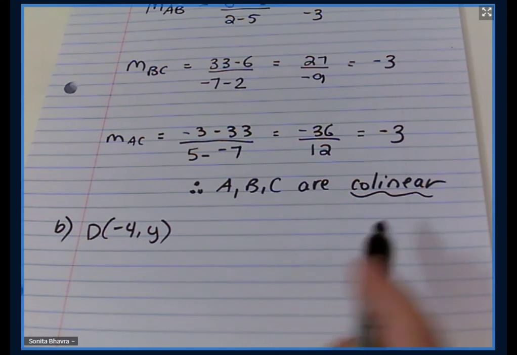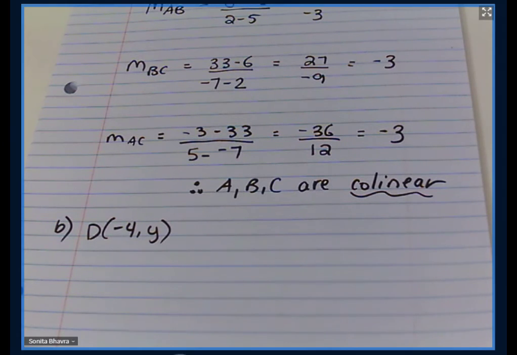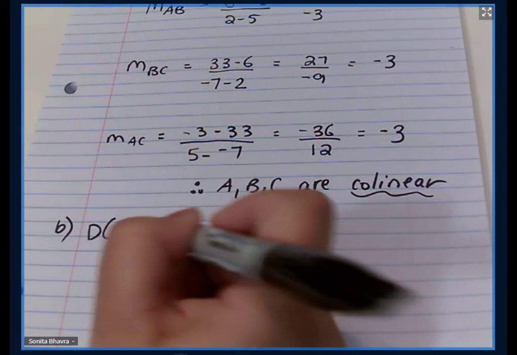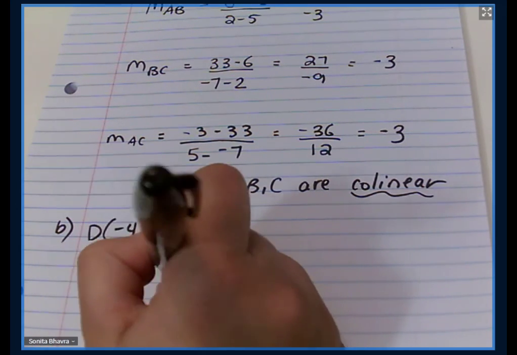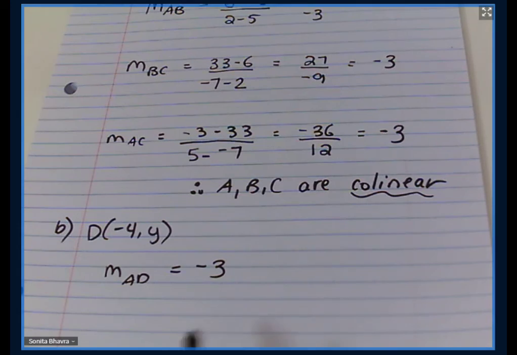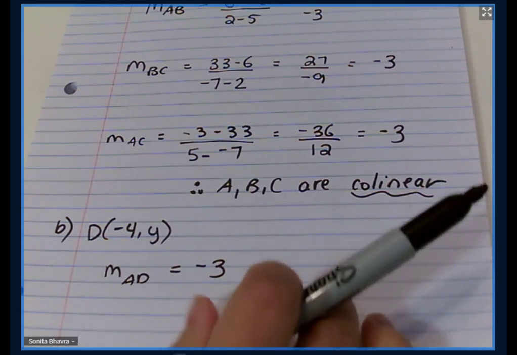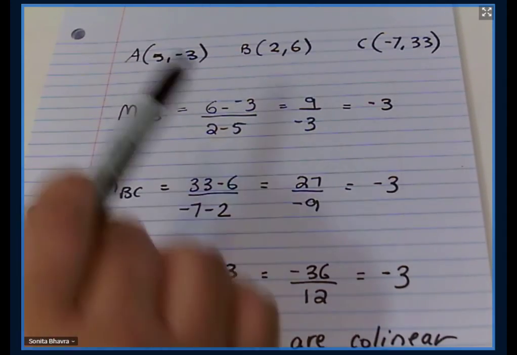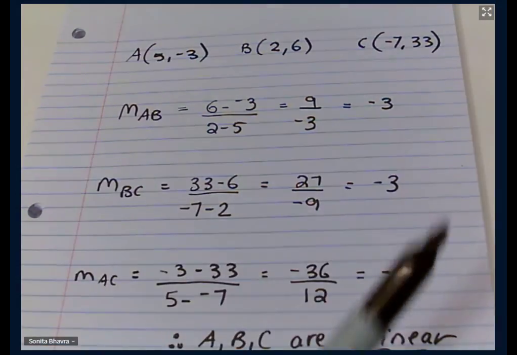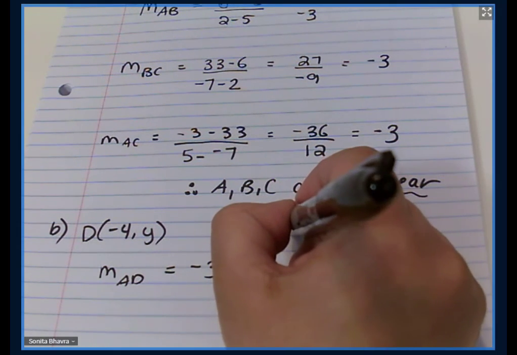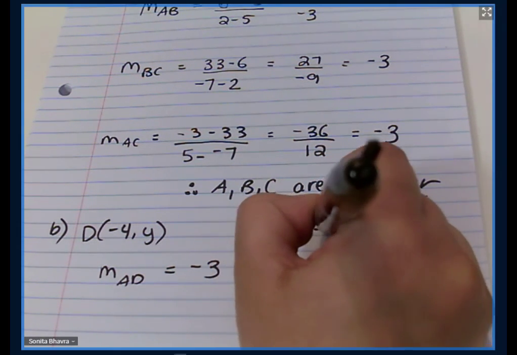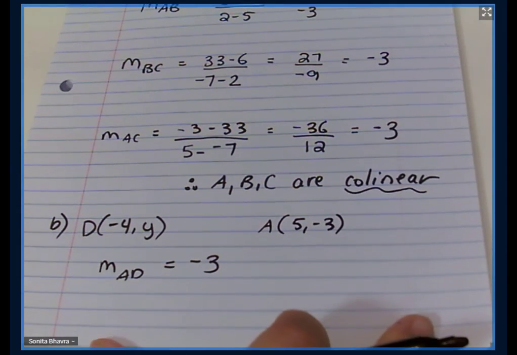Well, we already know our slope value, which is negative 3, so we can calculate the value for y using that. All right, so I'm going to use the slope of AD, we know it's negative 3. So I'm using point A, which is 5, negative 3. I'm just going to make a note of that here, that I'm using point A, which is 5, negative 3. You could have used any point.